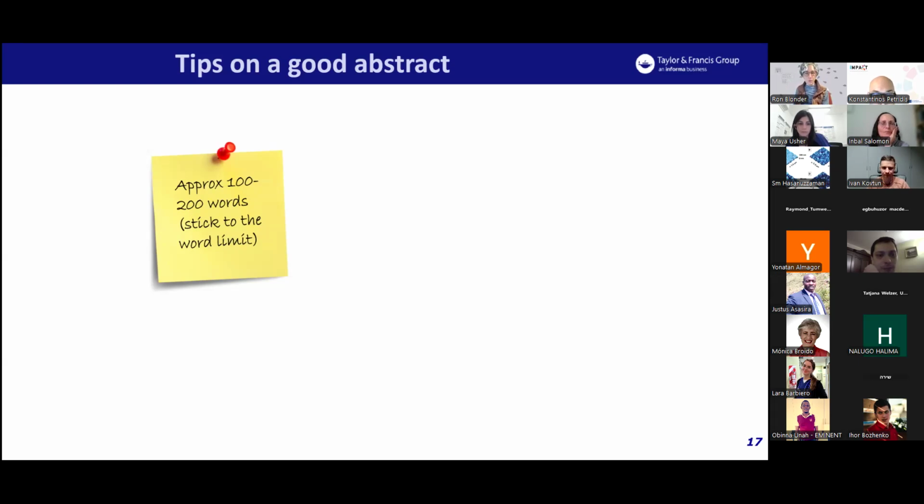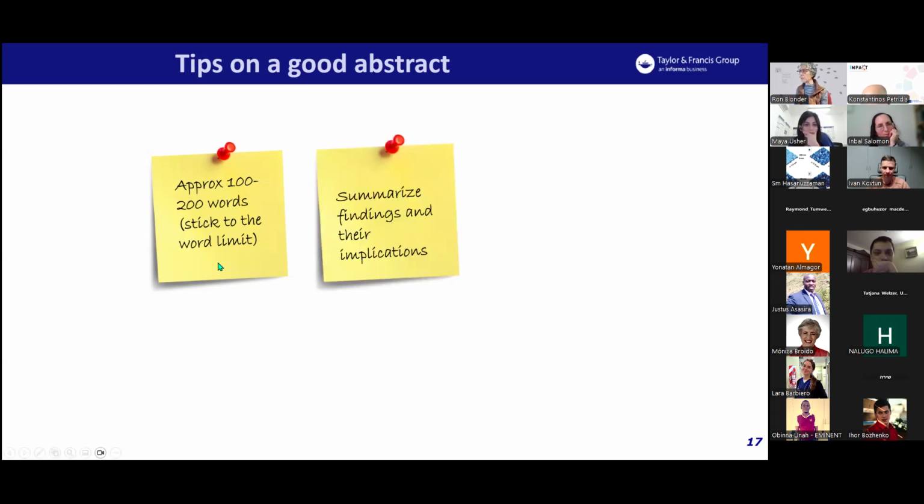Write what the results are and give some ideas about the comparison to the research. It's really important to stick to the word limit and to summarize the results, the findings, and the implication. So what is the contribution of your research? You did the research and you found this and this. What is the contribution compared to the knowledge that is already known?